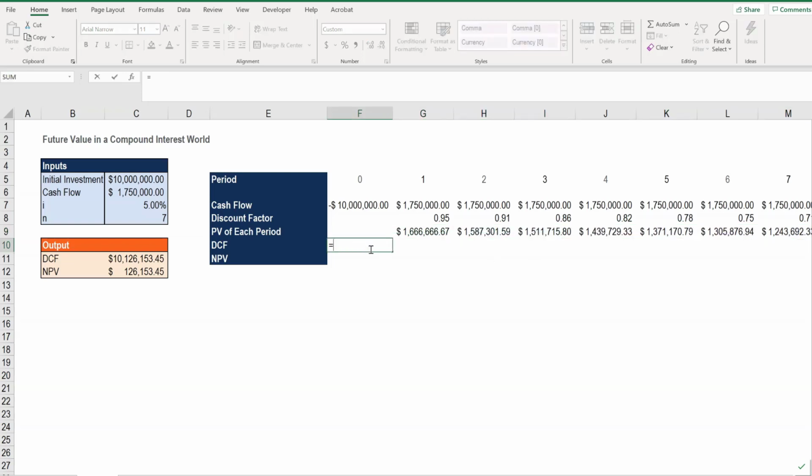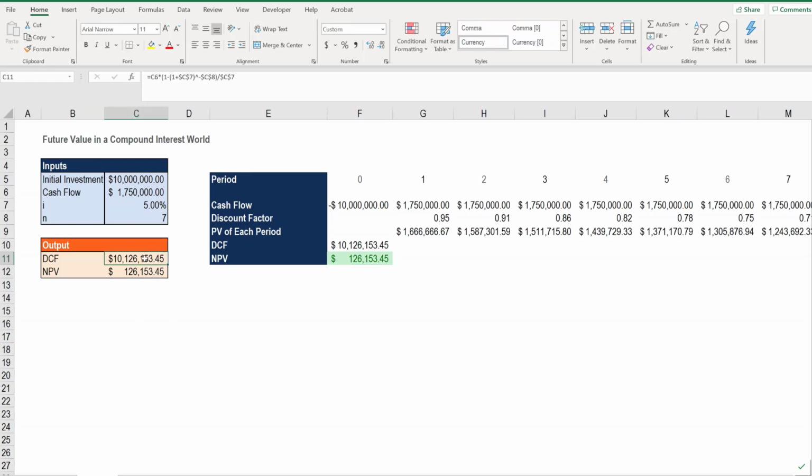The DCF is equal to the sum of all these values. The NPV of the project is the DCF, discounted cash flow, minus the initial investment, which in this case is positive $126,000 some odd dollars.